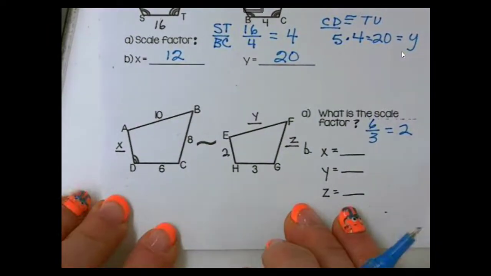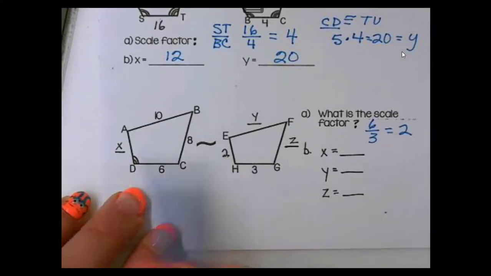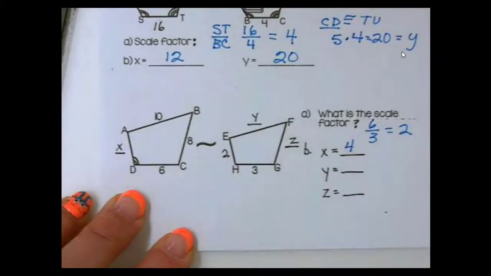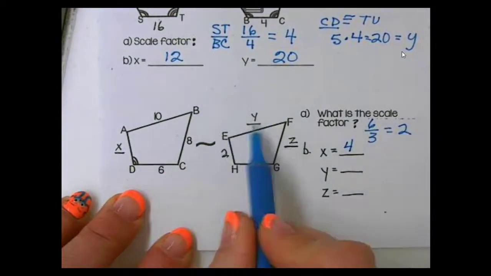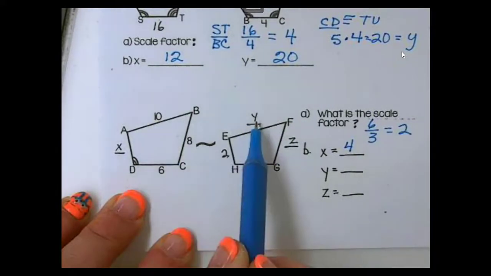All right, so let's see what we can figure out. So x, if I take 2 times 2, that's going to make the value of x length 4. Okay, for y, now this time I'm going from the bigger shape to the smaller shape.